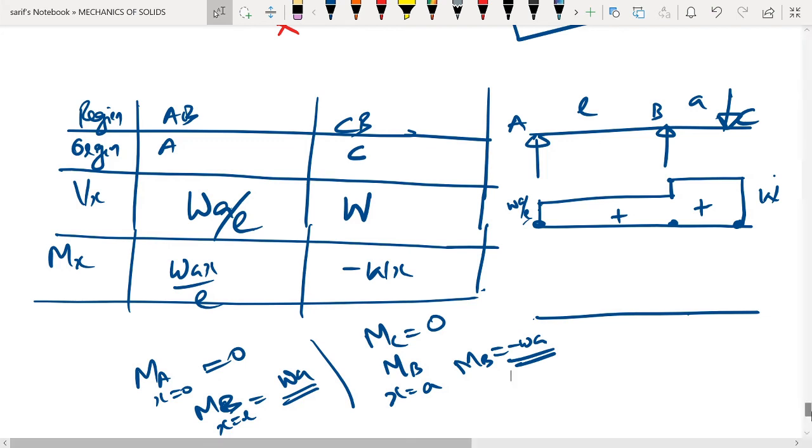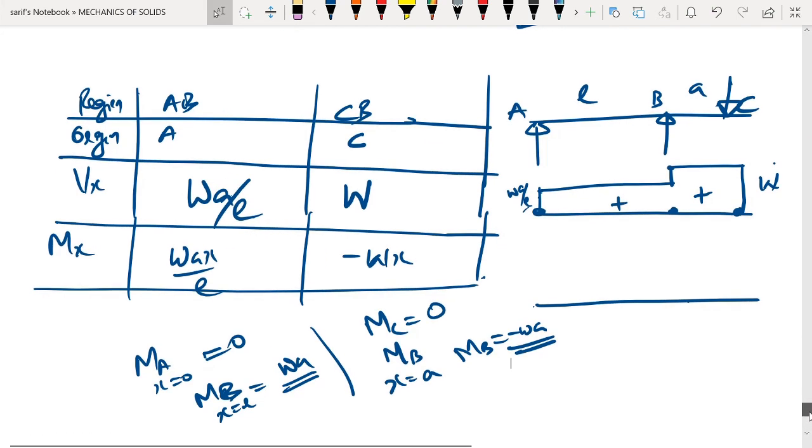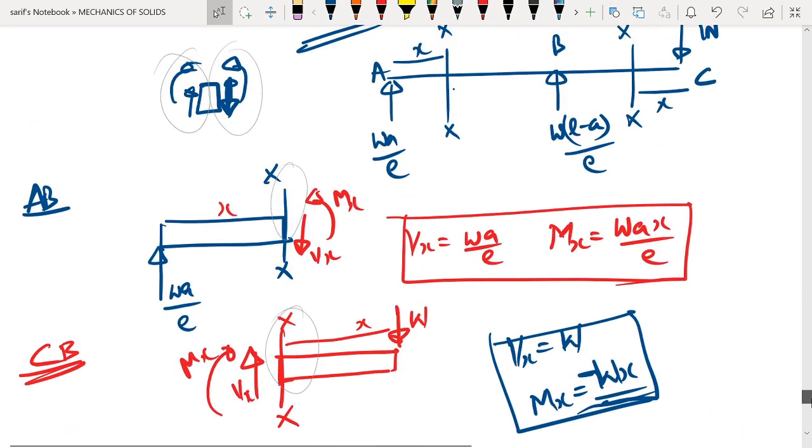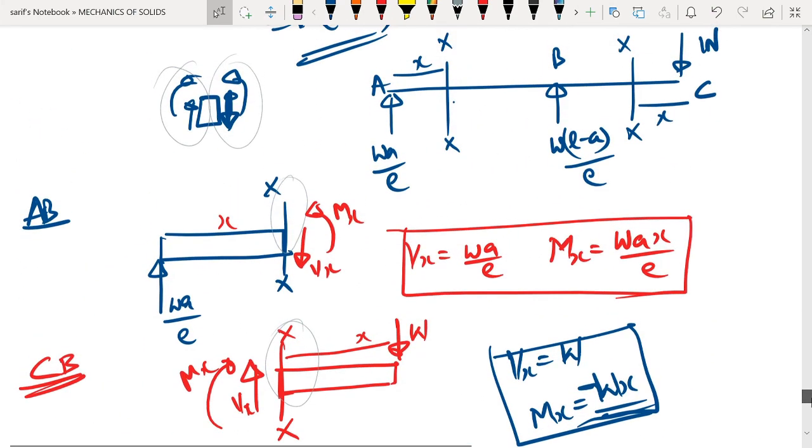I think there is some mistake in the expression for bending moment. This reaction has to be written in the downward direction.